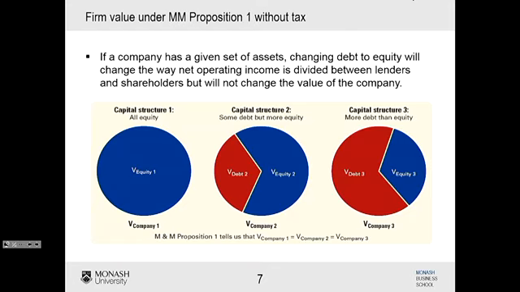And in the middle, equity has a higher value than debt. But if we live in a world of Modigliani-Miller theory, without corporate tax, without transaction costs and information asymmetry, and the capital structure decision does not change the real investment policy of the firm, then we can say that regardless of the capital structure, on the left-hand side, in the middle, or on the right-hand side, the firm values are the same.